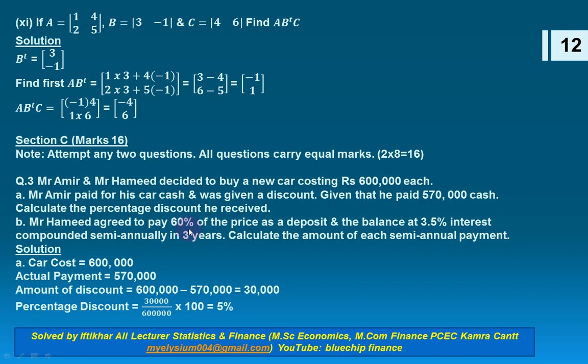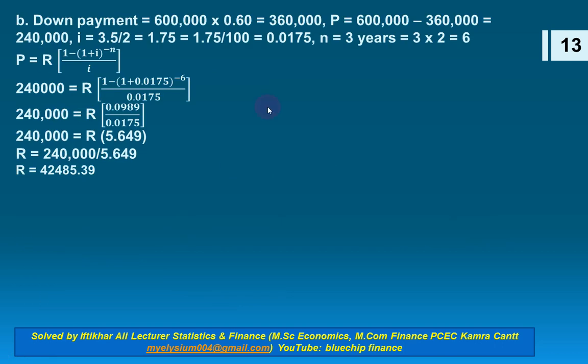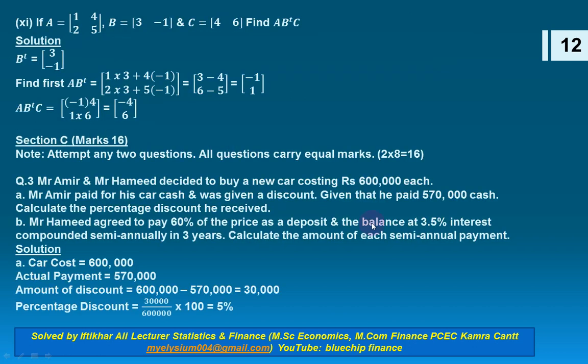And what is the remaining amount? The remaining amount will be 240,000. This 240,000 will be paid in semi-annual payments within 3 years, at an interest rate of 3.5%, and we want to calculate each payment.